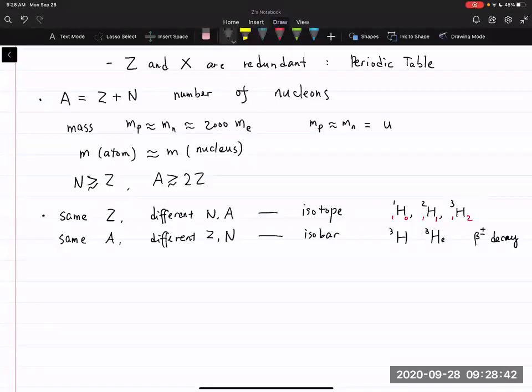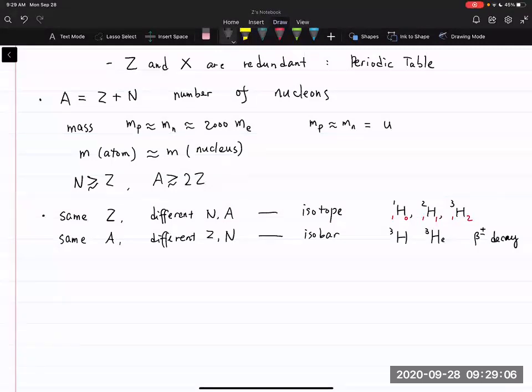And the mass of electrons and positrons are the same. They are so small compared to the mass of neutrons and protons. So the total mass number doesn't change. But the number of protons and the number of neutrons can be different, just like in this case. So we call them the isobar.